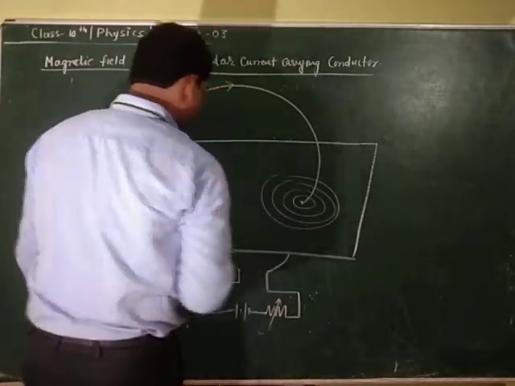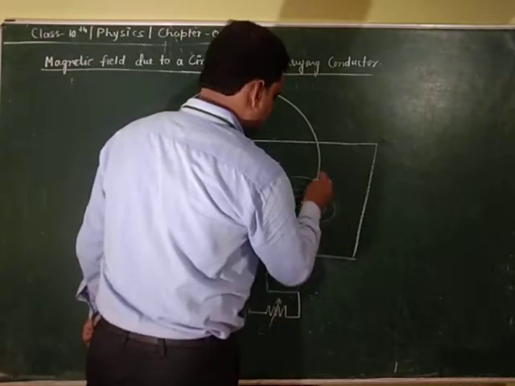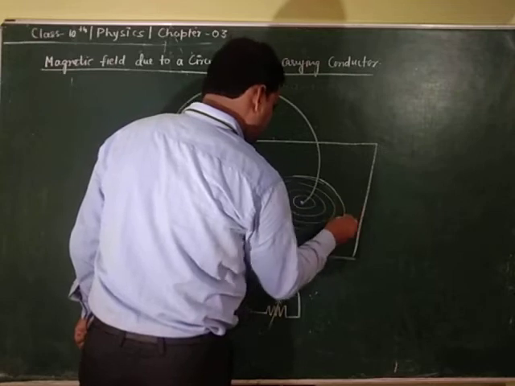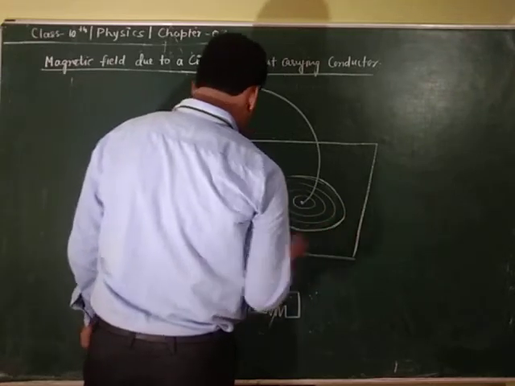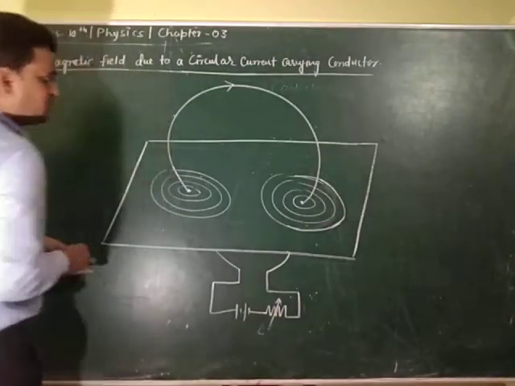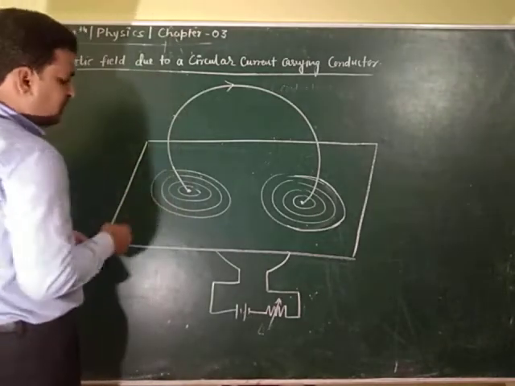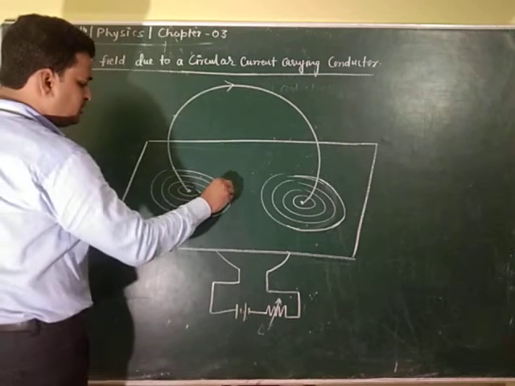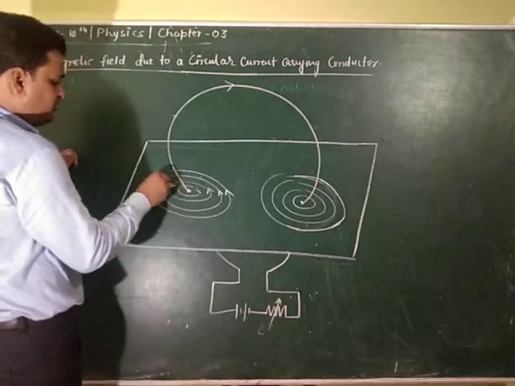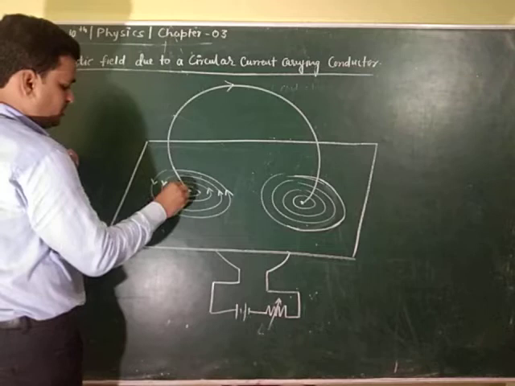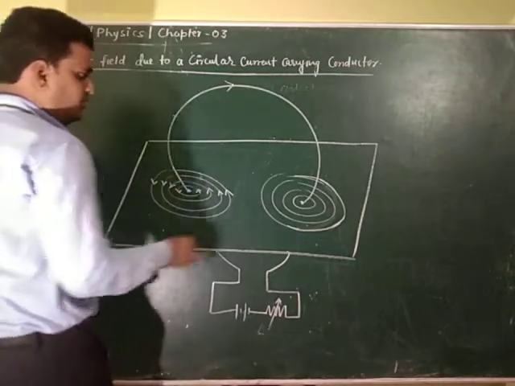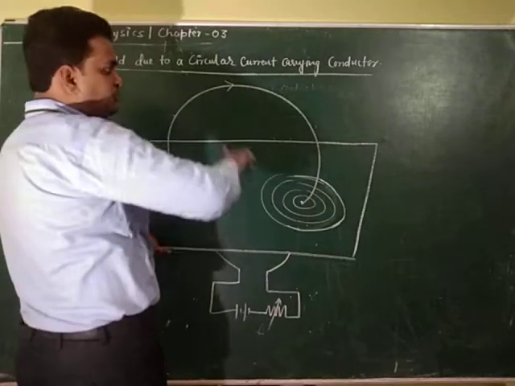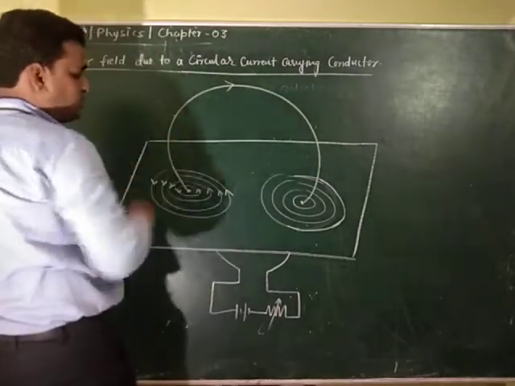Similarly, we will do it for this. What is the direction of the magnetic field here? The direction must be in this direction according to the right hand thumb rule. And here the same thumb rule we have to apply, but oppositely, because the current is moving downward here and there the current was upward.